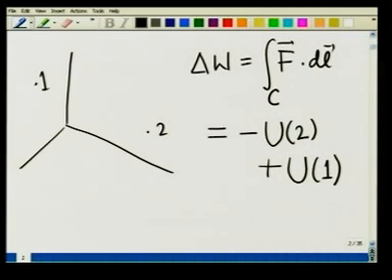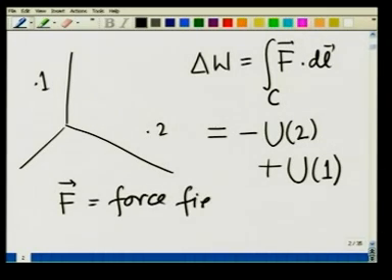In this case, let me be explicit, F is the force field, that is the force that is being felt by the body when it is moving. I am not applying this force. This force is present in the space where the body is moving.